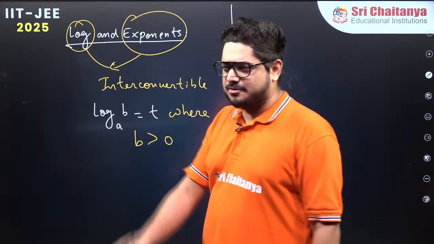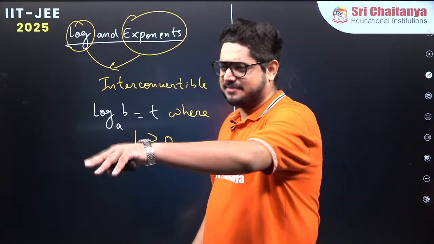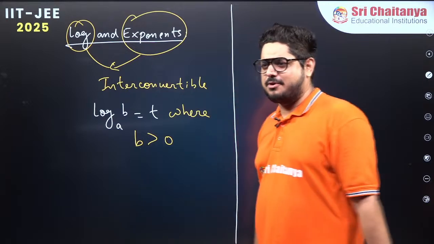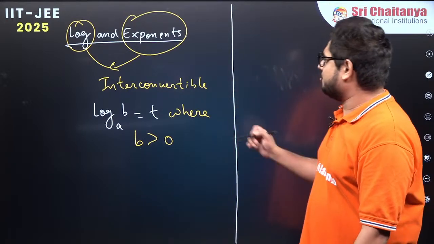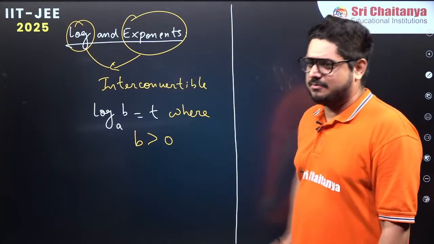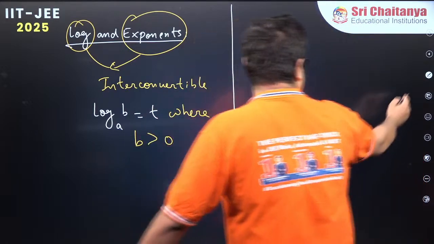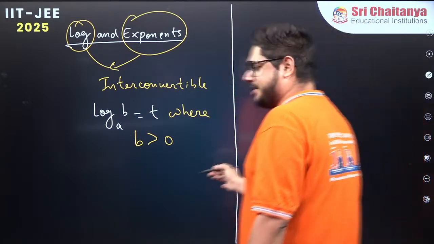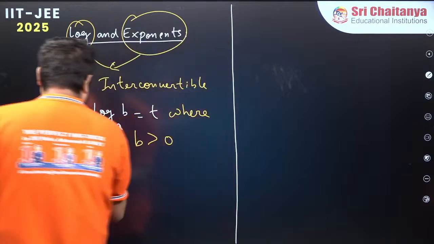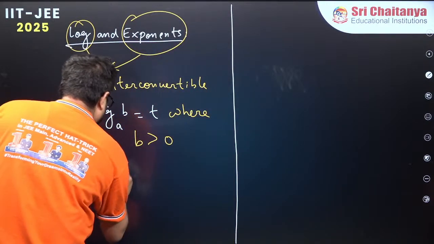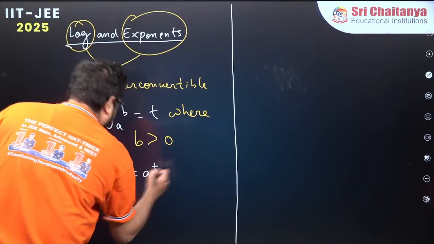Yes, Sai Satvik, those roots we are trying to mention. So you need to solve for the roots of the quadratic equation. That's true. So now if I write it down over here, log b base a is equals to t, this can be written as b is equals to a to the power t.